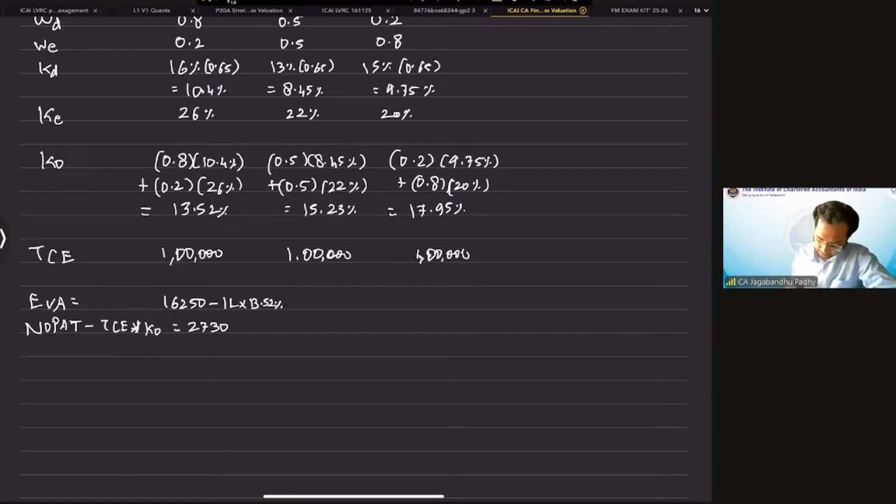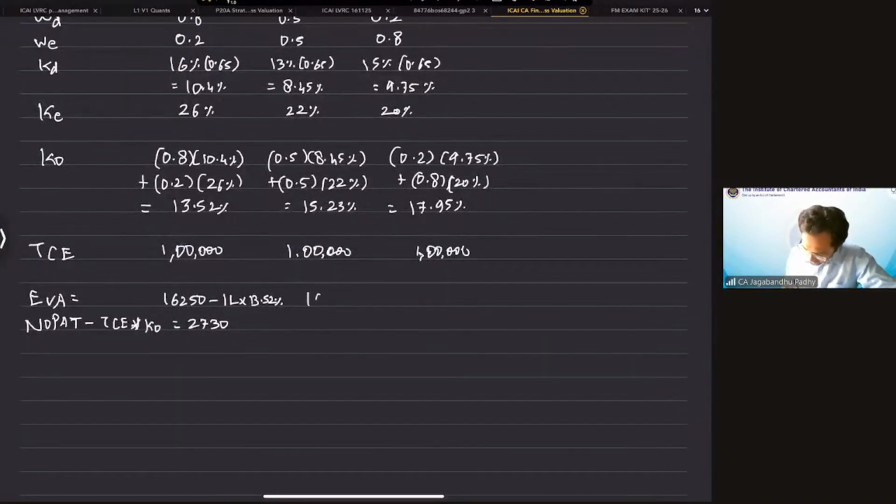Next is 16,250 minus 1 lakh into 15.23%, which is minus 15,230, giving 1,020.